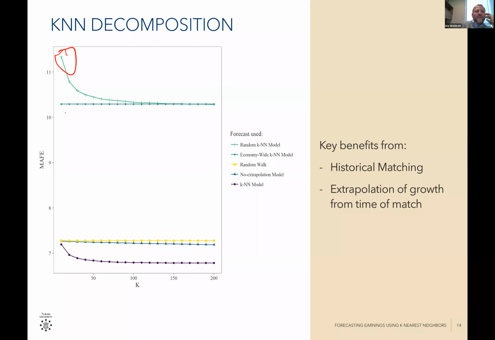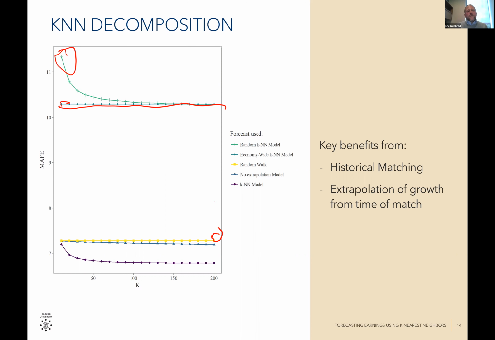Another thing is we're taking the median earnings of the peers. What if instead you just took the median earnings across the economy last year? That wouldn't give you a very good forecast either. That's this next line. Then I think the strongest benchmark is probably the random walk.